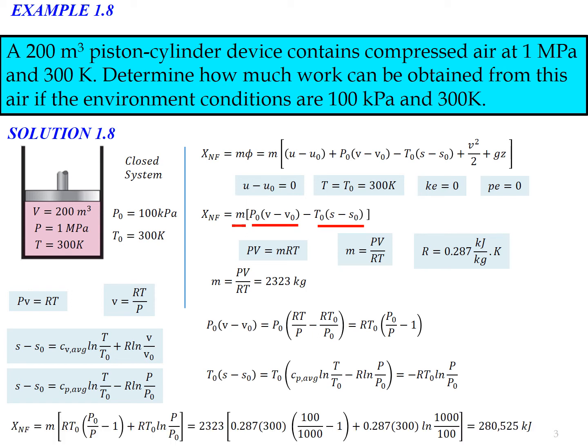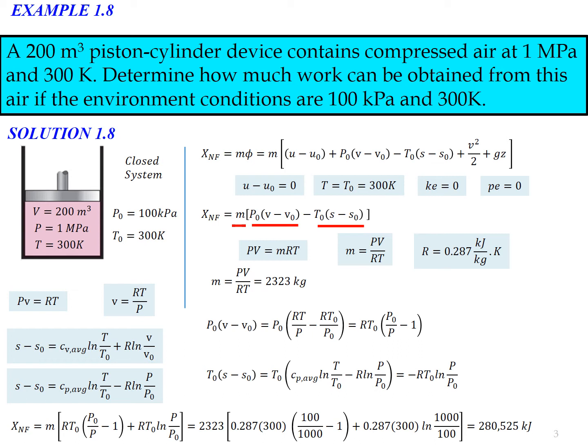Okay, so now substitute the equation for P naught multiplied by (V minus V naught), and also the equation for T naught multiplied by (S minus S naught), into the equation for X and F, as shown in the slide, and substitute all the data that we have. We already have the values for R, M, T naught, P naught, and P, so we can determine the value of X and F. If we substitute all the values, we get X and F equal to 280525 kilojoule.